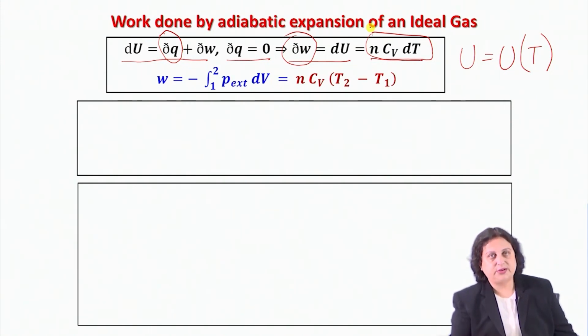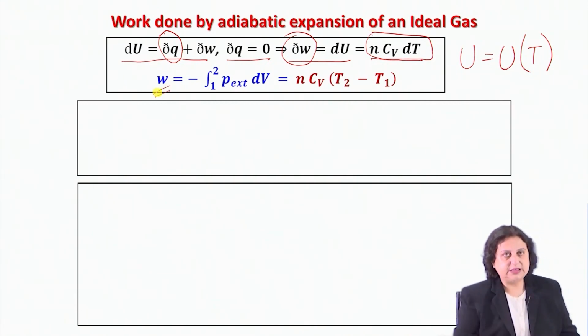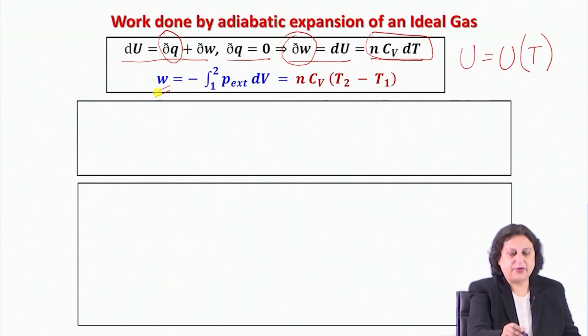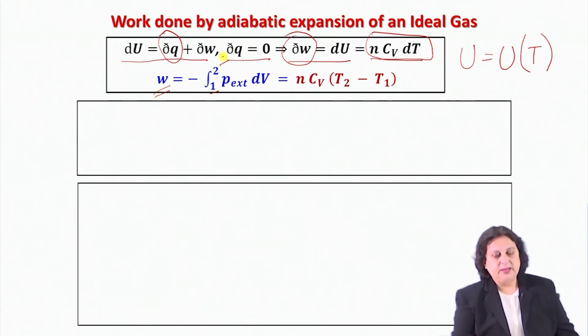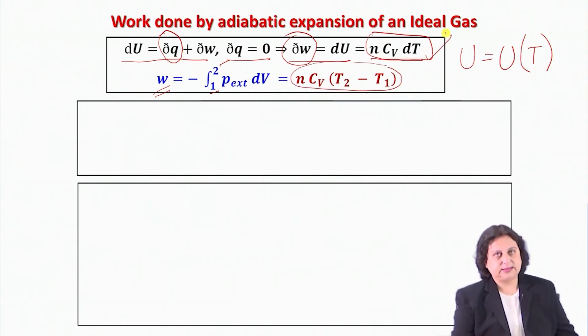Therefore, if I integrate on both sides, what I get is the work done in a process where the system passes from an initial state 1 to a final state 2, that will be given by nCV (T2 minus T1), where this expression I have obtained by integrating this side.